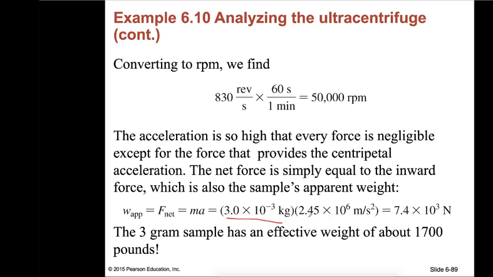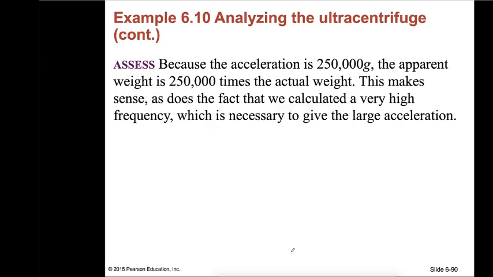You know m, you know the acceleration, so you can calculate the apparent force, which is about 1,700 pounds. So a 3-gram sample weighs about 1,700 pounds. That's a huge force in the ultracentrifuge.